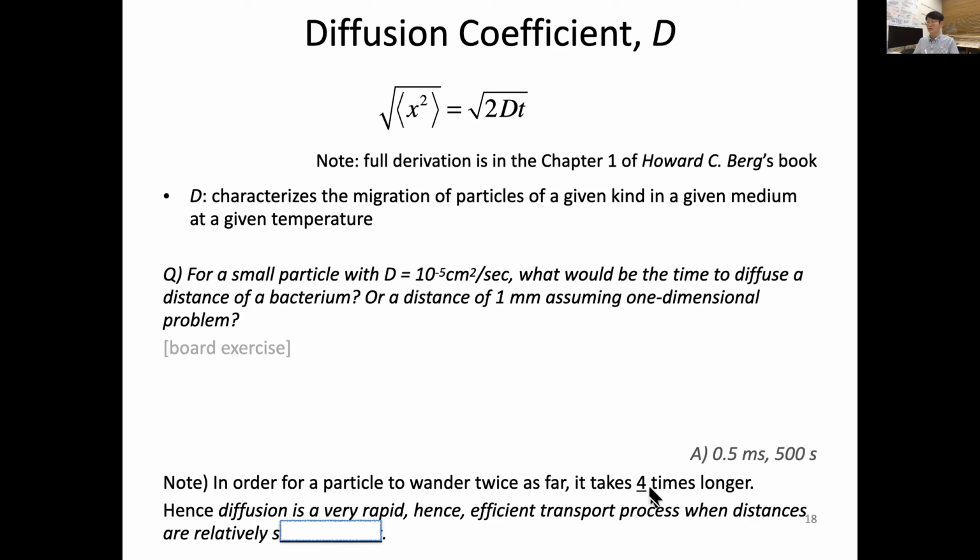Or for 10 times the distance, the time will be 100 times longer. So what we see here is that diffusion is a very rapid and efficient transport process when distances are relatively small or short. But when distances become longer, diffusion might not be as effective a phenomenon.